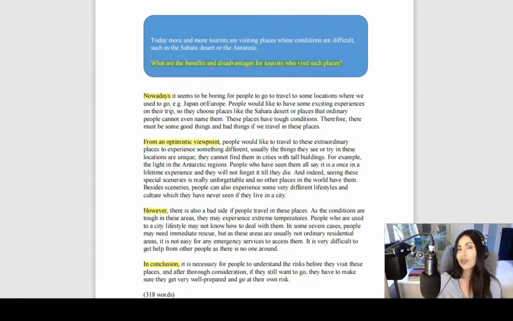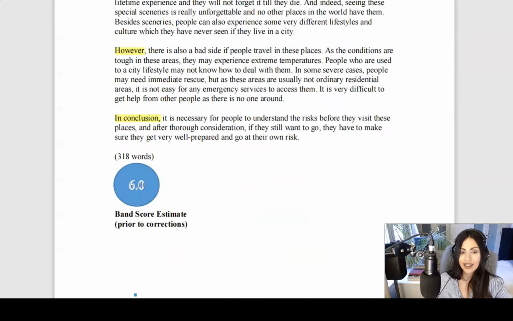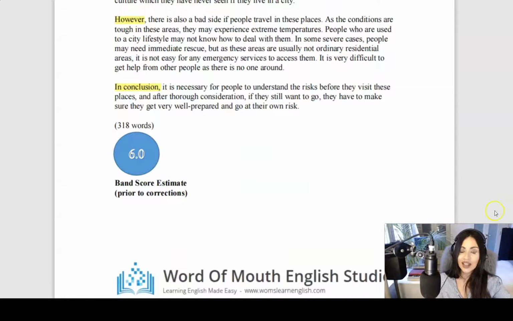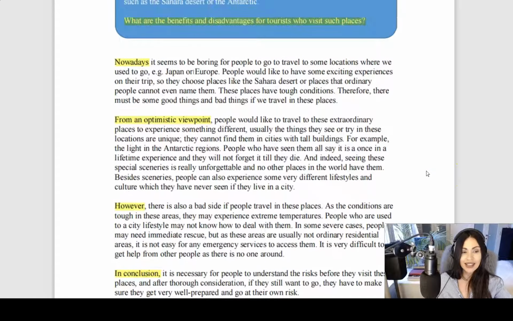The original sample essay scored, as you can see, there you go, a 6 in terms of band score estimate. However, this edited version here would have given him or her a 7, therefore elevating the band score estimate.